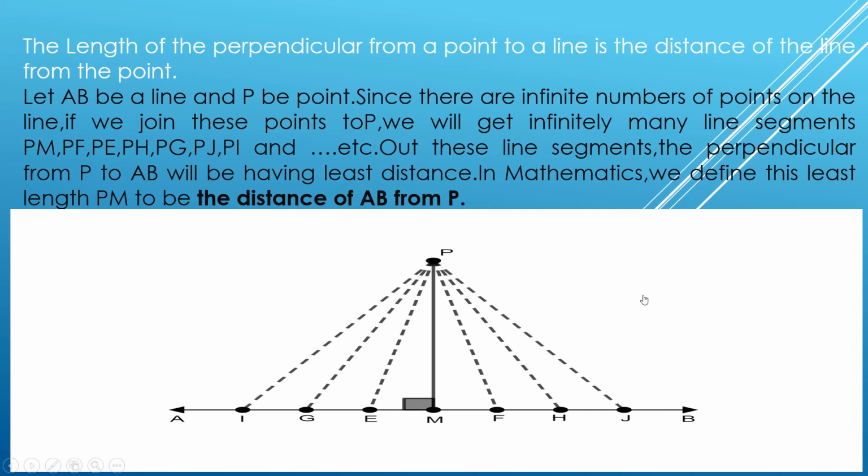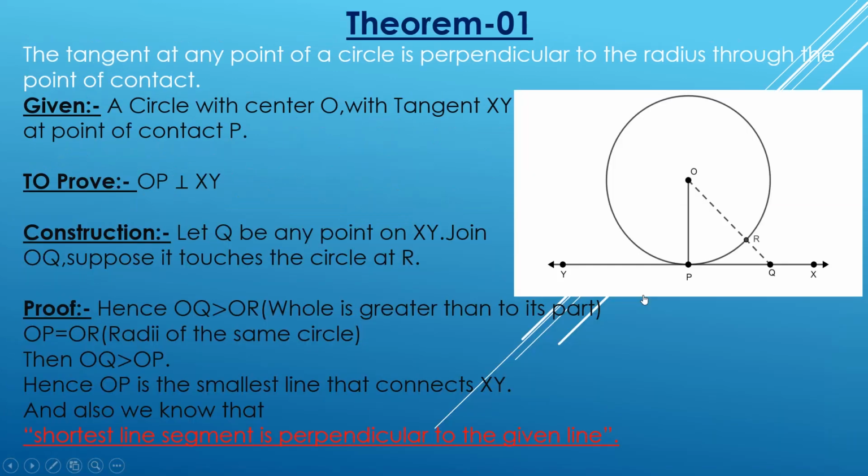After recalling this property, let us move on to our original theorem. By this previous knowledge, that means the shortest line segment is always perpendicular to the given line, here OP is the only perpendicular line to the given tangent XY.